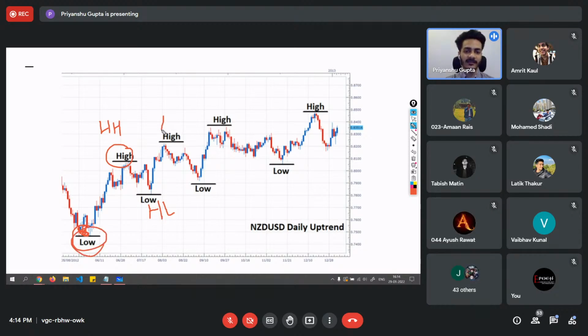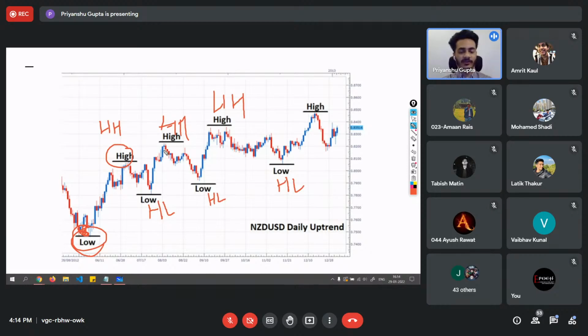Then again it's a higher high, then a higher low, then again a higher high and a higher low. So because we are again and again getting higher highs and higher lows, this is a kind of uptrend, okay, because the value is increasing. So how can you identify that this uptrend is no longer following its path?